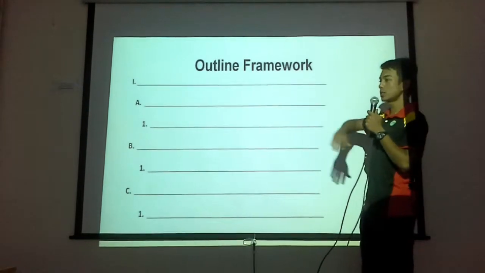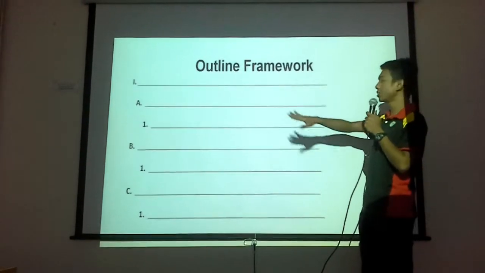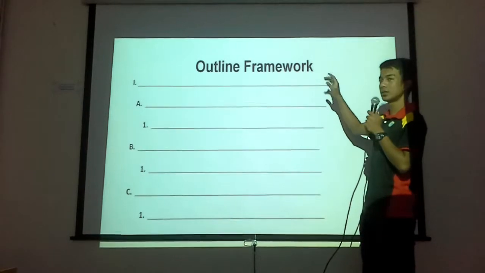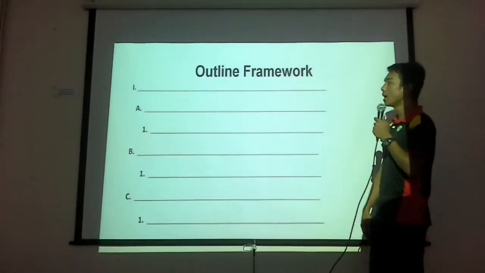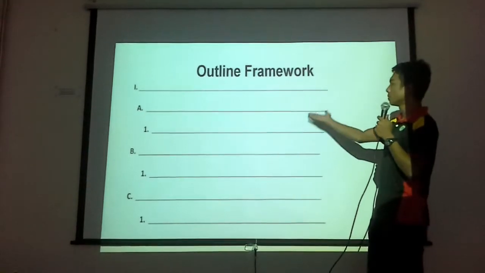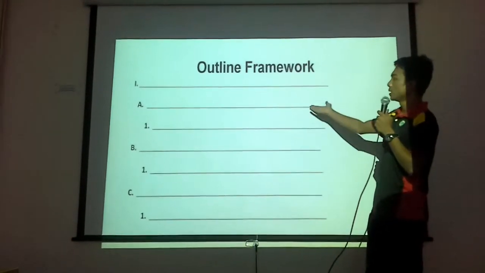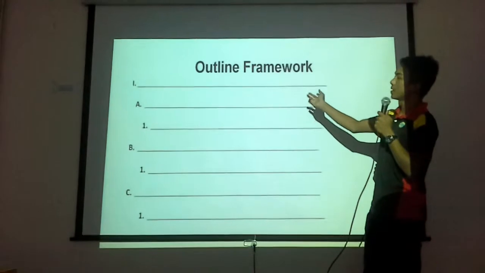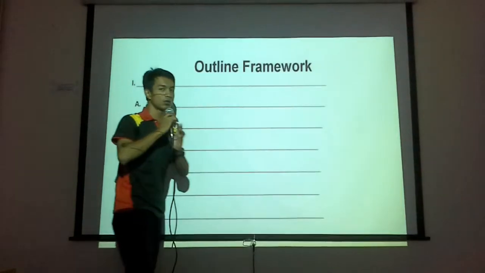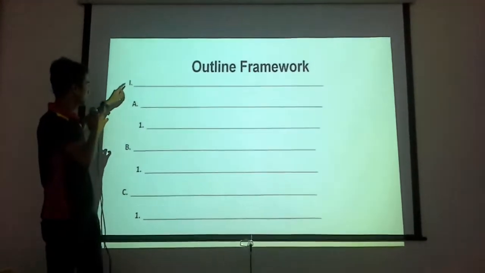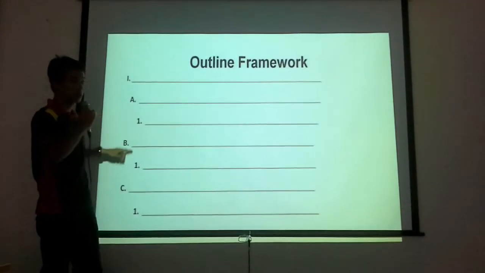Don't put your sentences in yet. Make a blank like this. Make a blank sentence like this. Just put your number. Okay, I want to explain this one by one.